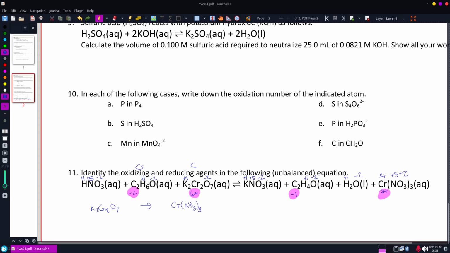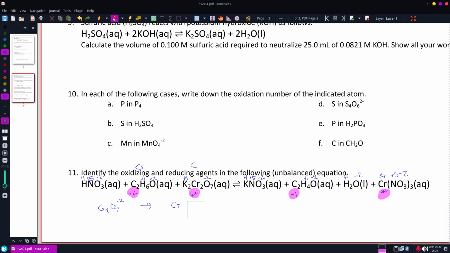And we're going to introduce another nice little rule. Since in this case the nitrate is staying nitrate, I can kind of ignore it. And same with the potassium, because those guys have fixed rules. So for my half reaction instead, I'm just going to have that chromate. And since that's with two potassiums, this is a -2 ion.